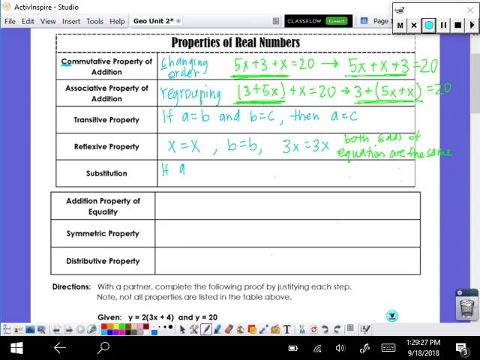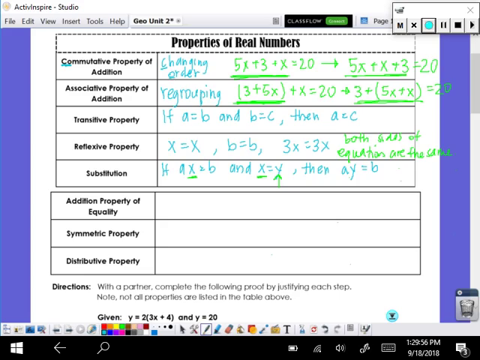If Ax equals B, and x equals y, then Ay equals B. So that's better. Anytime I see x, I can plug in the value of y. So instead of ax equals b, I took my y and I plugged it in for x to give us ay equals b. So that's substitution.